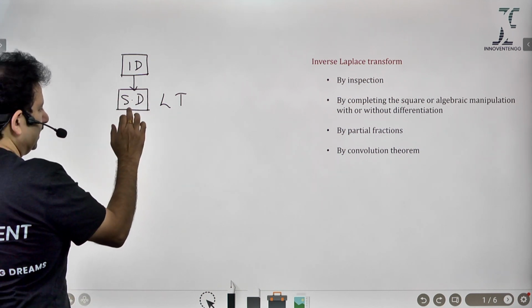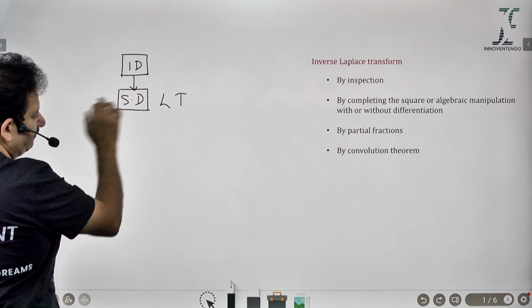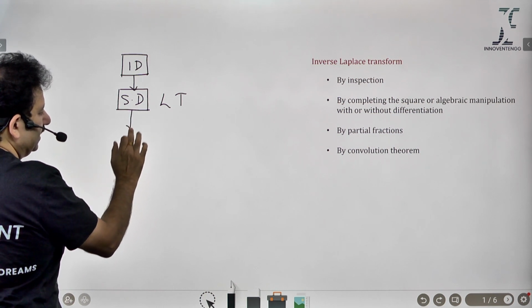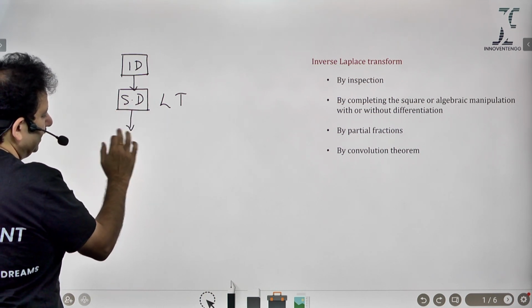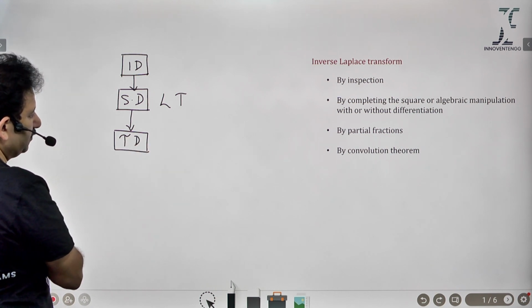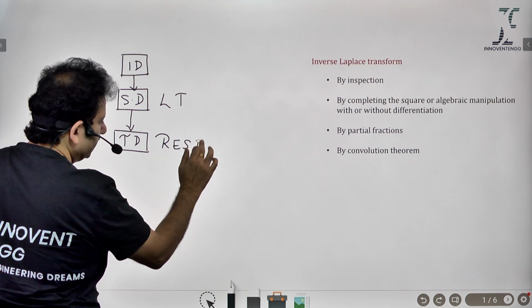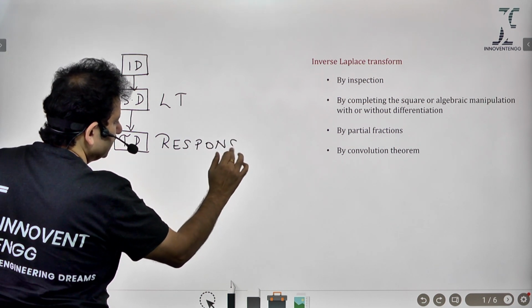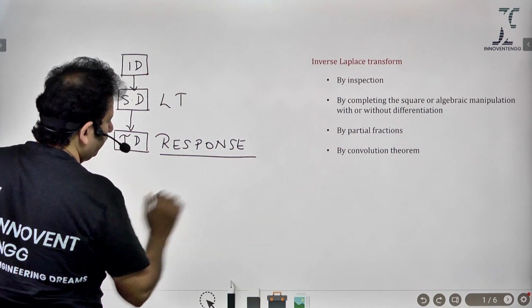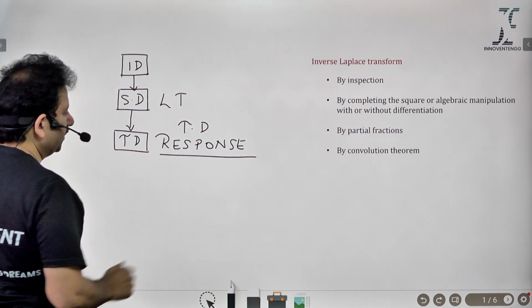And once you did that, and once you extract all possible information from the S domain expression, the next step is to convert this into a time domain expression so that you appreciate the response of the system for a given input. Response of the system for a given input, time domain response. So let me write it as time domain response.